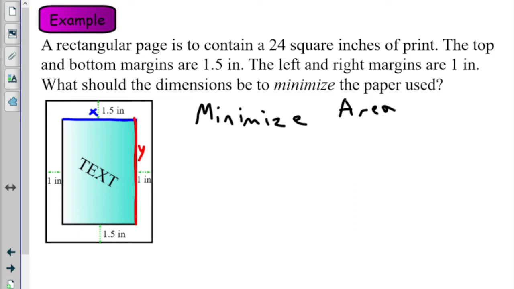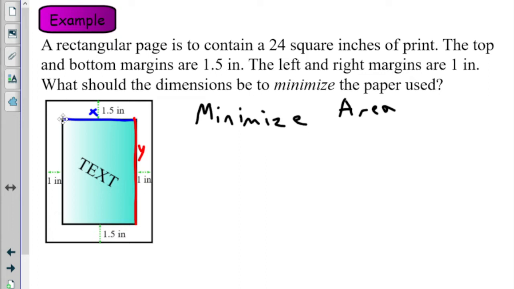Okay, so we have two different areas. One of them is fixed, it's locked into place, and one of them can vary depending on what we use.